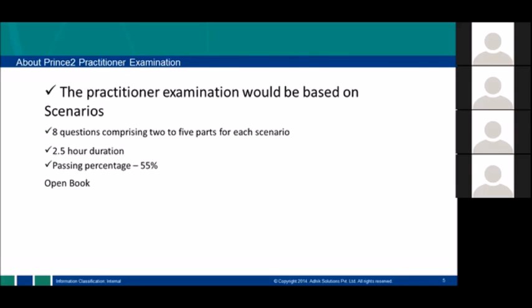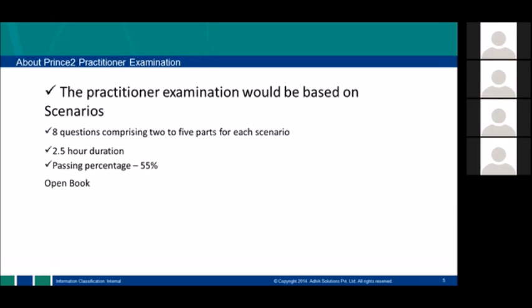The practitioner, I told you, is based on foundation. So you are doing practice here, right? We have some case studies: one scenario booklet and one question booklet. Based on the scenario booklet, you solve the questions. In total we have 8 questions, and each question has some parts: question number 1, part A, part B, part C, like this.